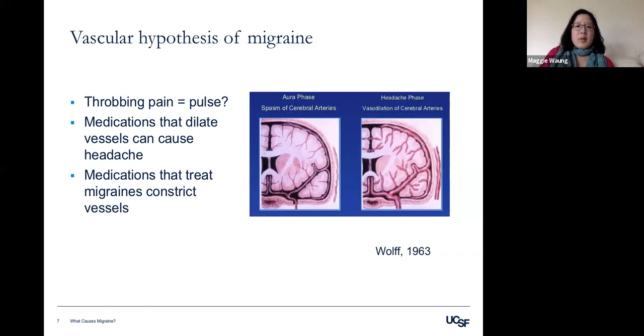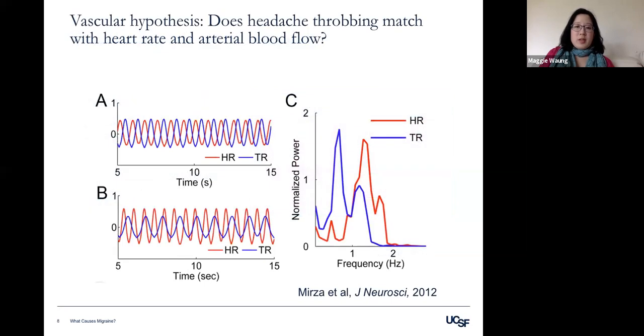However, we've done some more careful studies of those premises now, and this is a study trying to prove whether or not the throbbing of the headache matched people's pulses. And you can see in A and B here, two examples. So in red is the heart rate, and then in blue is the patients would indicate with their hand how the throbbing headache was going at the same time their pulse was being measured.